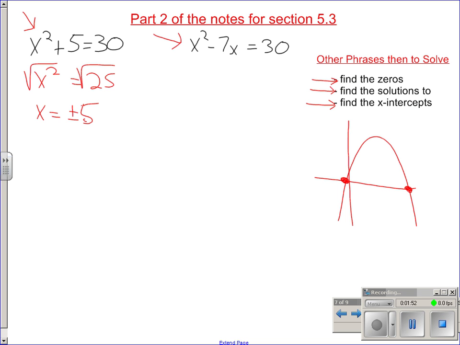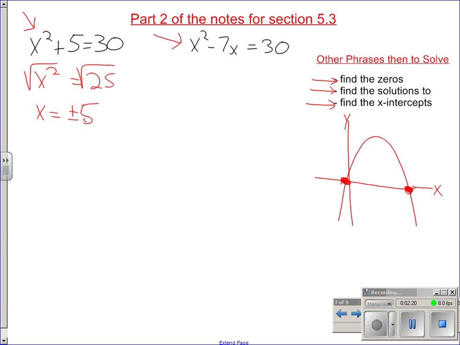It's also the x-intercept, where the graph is crossing the x-axis. At each of those points, you've got a y-coordinate equal to 0, and a function is the y-coordinate. So we're finding the x value that makes the function equal 0. Again, these are just different ways to say it, but you're always doing the same thing.